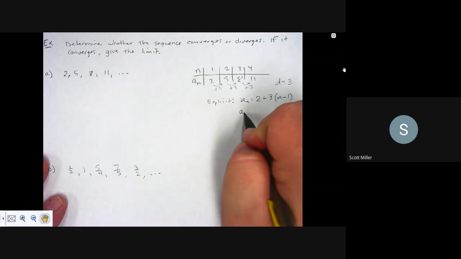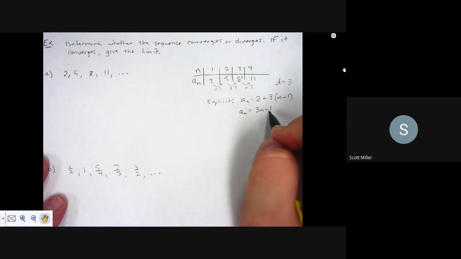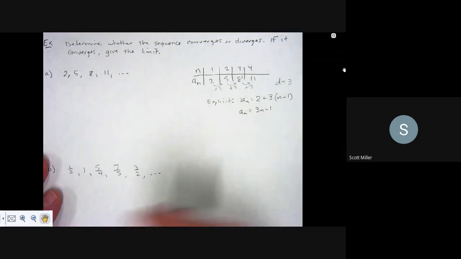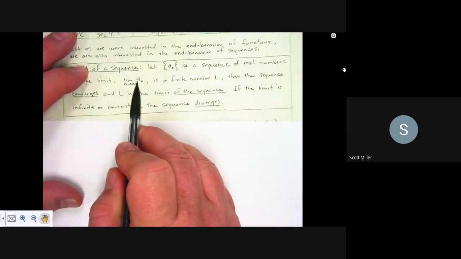And then when you clean this up, you're going to get 3n minus 1. So a sub n is the explicit rule of the sequence.